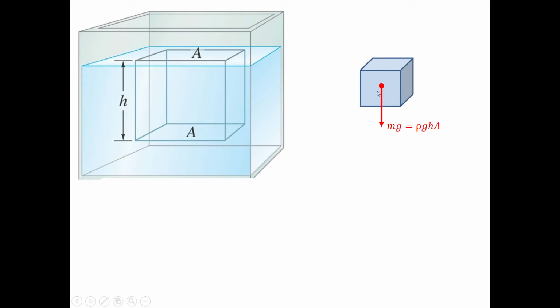One of them is the weight force, mg, and we're going to write the mass as rho times the volume. Rho of the fluid times the volume, and the volume is A times h, right? It's the cross-sectional area times the length of it. So rho g h A. That's not necessarily an obvious formula until you think of it that way.